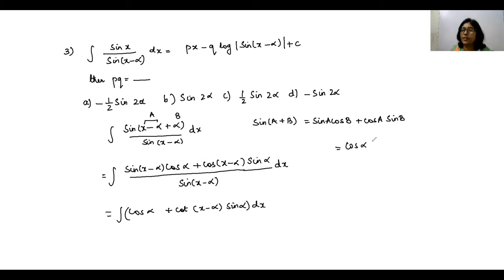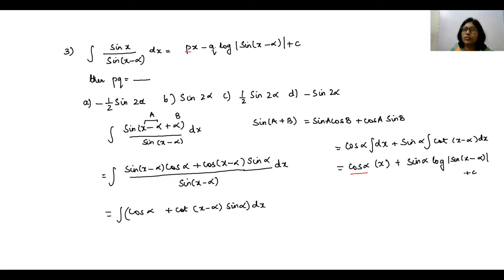Cos alpha integration dx plus sin alpha integration cot of x minus alpha dx. Integration of dx is x, integration of cot is log modulus of sin of x minus alpha. Now compare with the coefficients here.